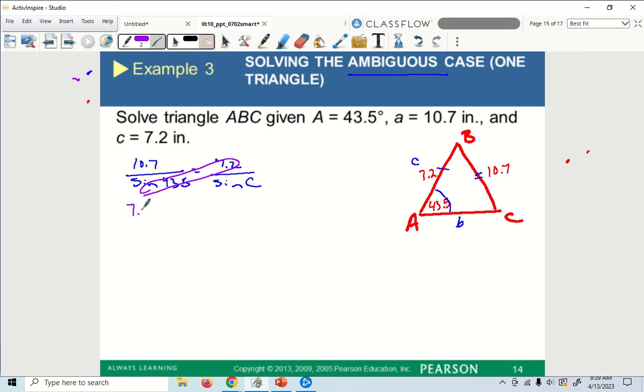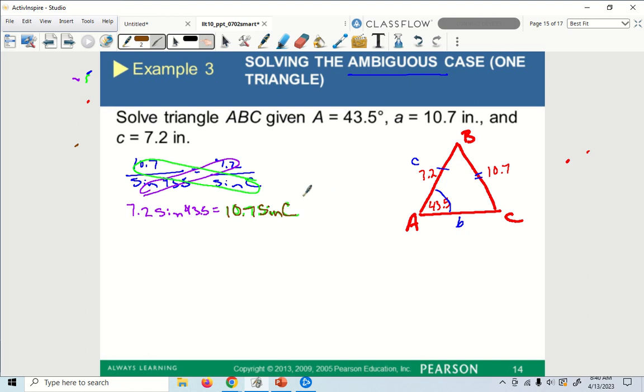So it's 7.2 times the sine of 43.5 equal to the other side, which is 10.7 times the sine of big C. Is that better? Okay, good.